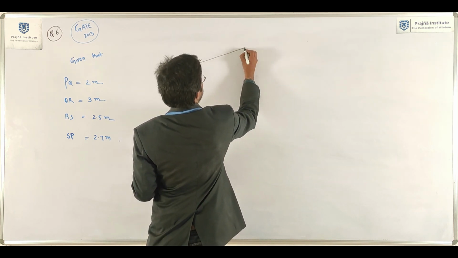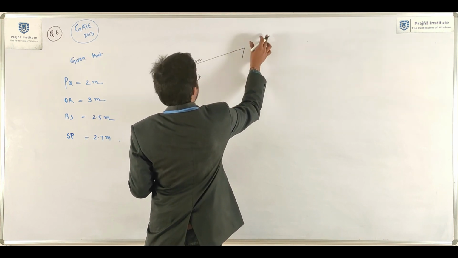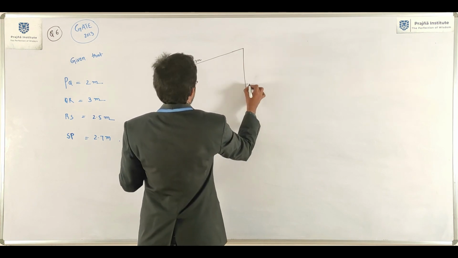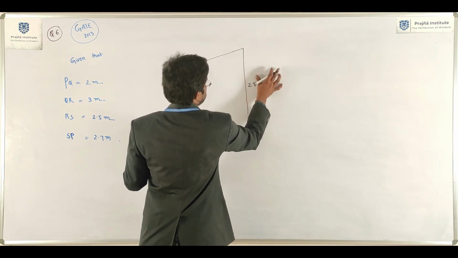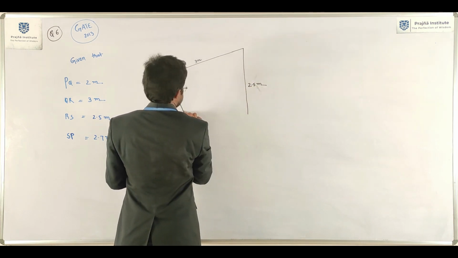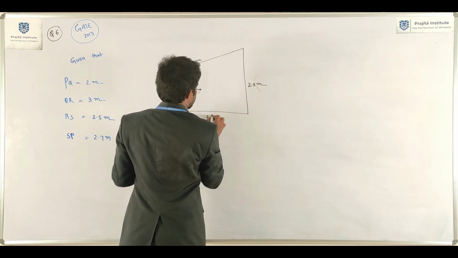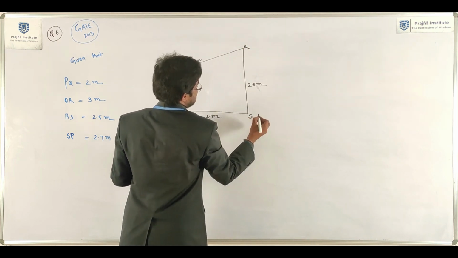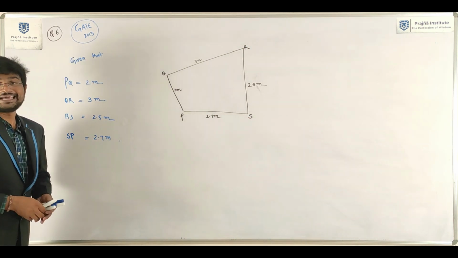It is the longest link, I guess. And then 2.5 meter, and it is 2.7 meter. PQR. Yes. Clear?